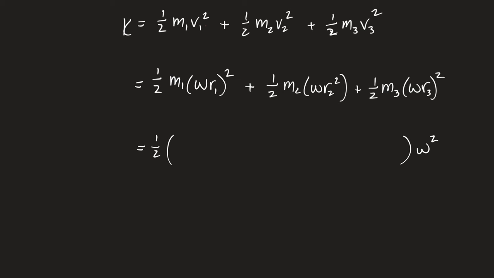And every term has an omega squared, so I'm going to pull it out to the back. And what I'm left with inside these parentheses would look like this: m1 r1 squared plus m2 r2 squared plus m3 r3 squared.